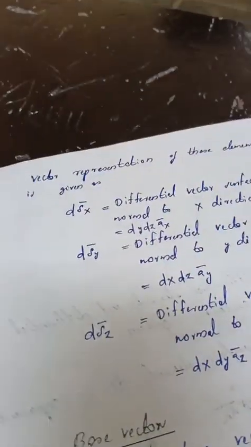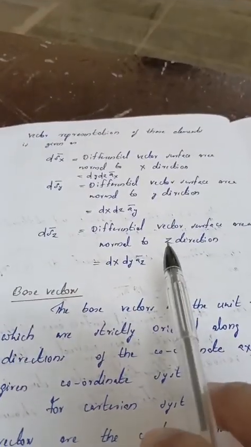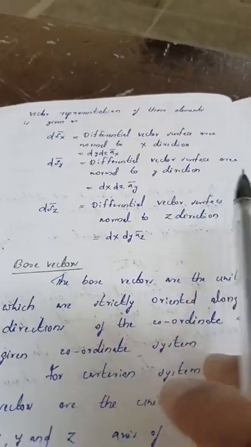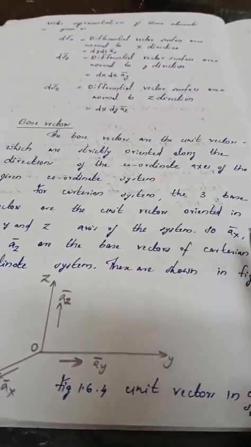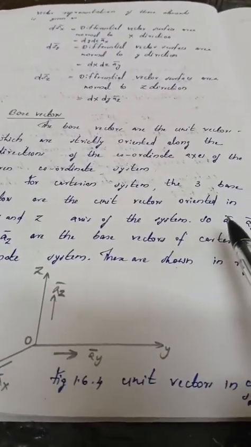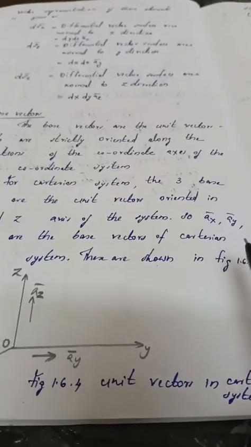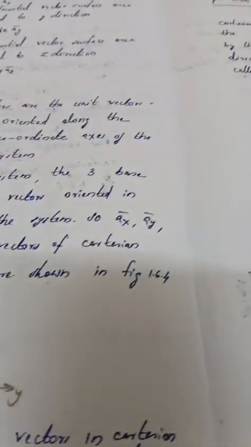Vector representation of these elements is given as dsx vector, dsy vector, dsz vector. And base vectors. For Cartesian system, the three base vectors are the unit vectors oriented in x, y, z direction: ax vector, ay vector and az vector.